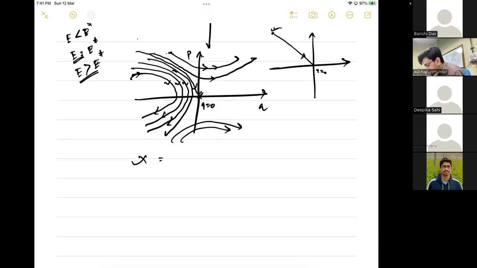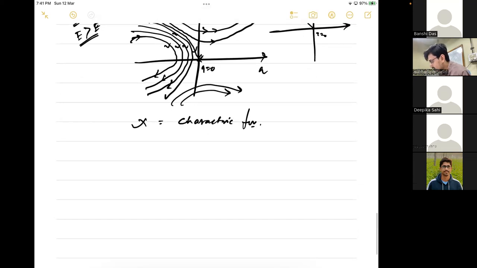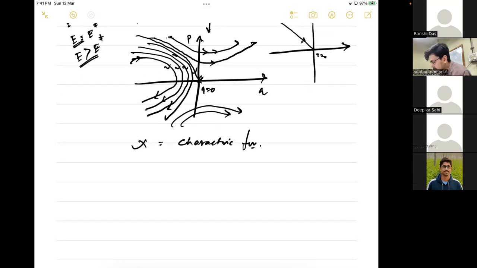On each trajectory, you can assign one variable, let's say chi, which is called the characteristic function. For each trajectory, this has a particular value. For a reactive trajectory, chi equal to 1, and for a non-reactive trajectory, chi equal to 0.